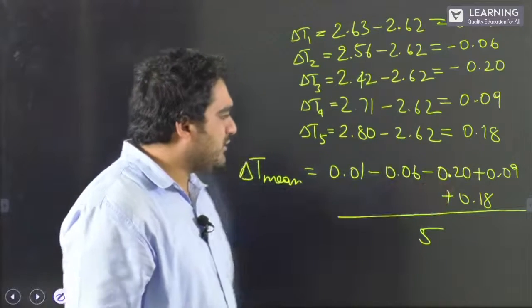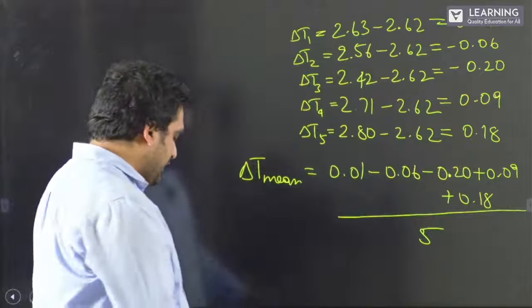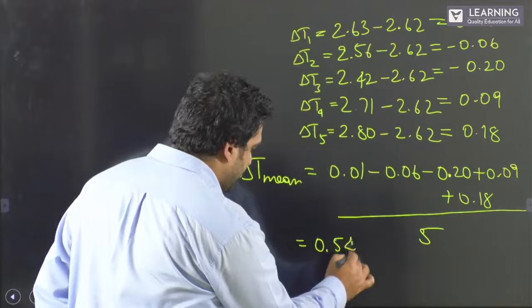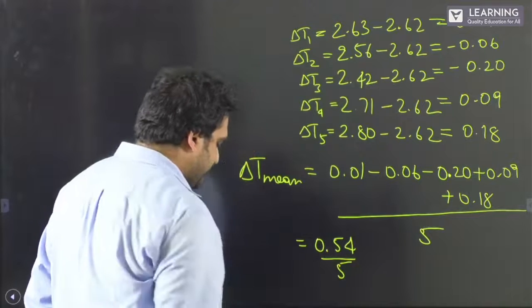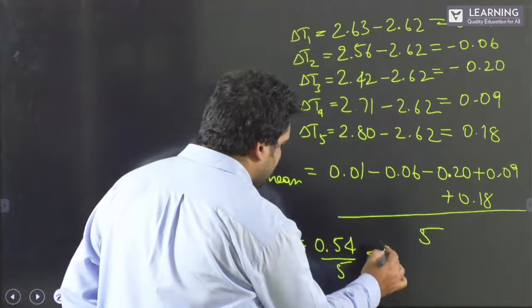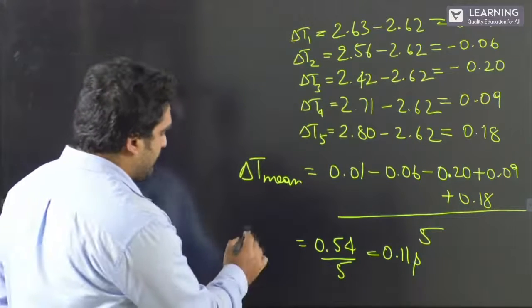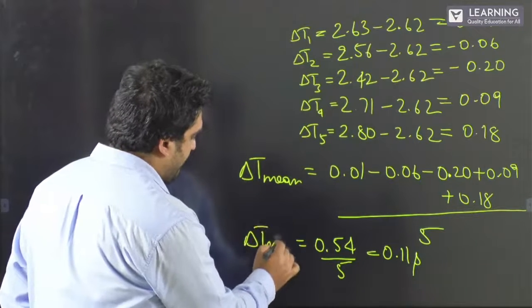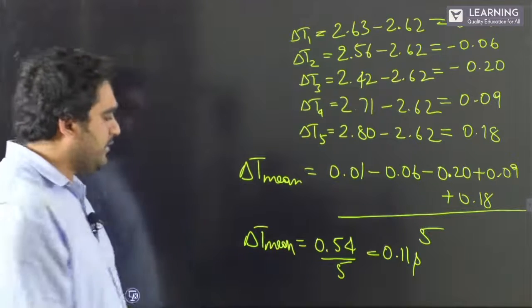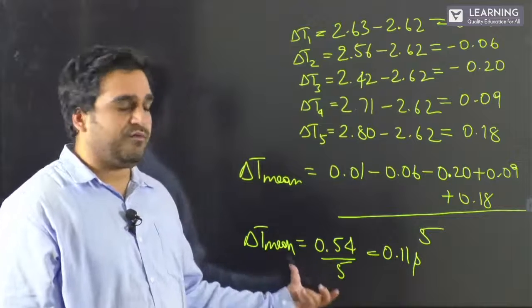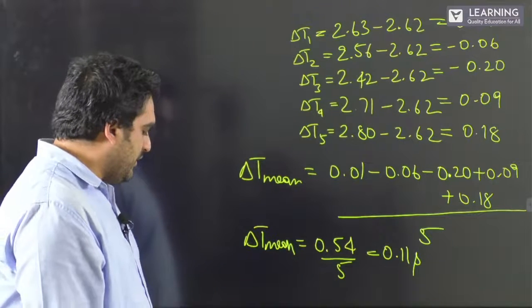Add them, subtract them respectively, and you get 0.54 divided by 5, which is equal to 0.11 seconds. This is how you identify the absolute error of a given instrument.